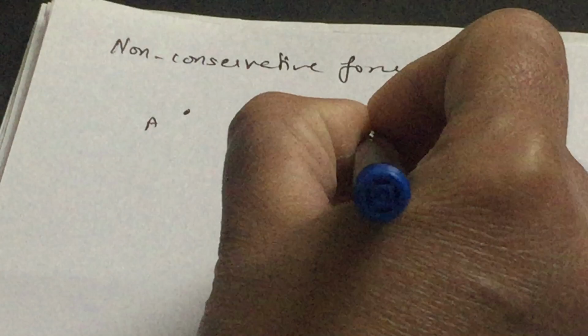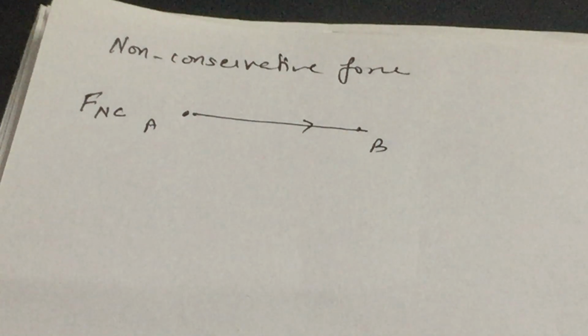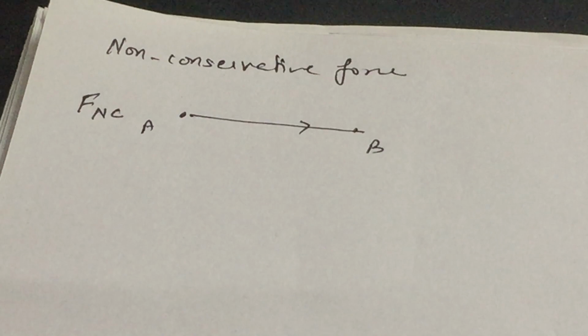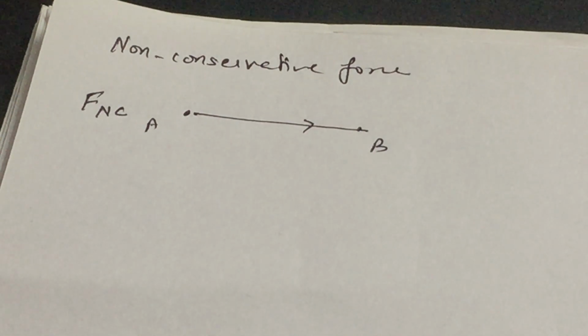Again, consider the same case. If a body is moving from A to B and experiencing a non-conservative force and having a displacement S, and this displacement is divided into small parts, that is ds.